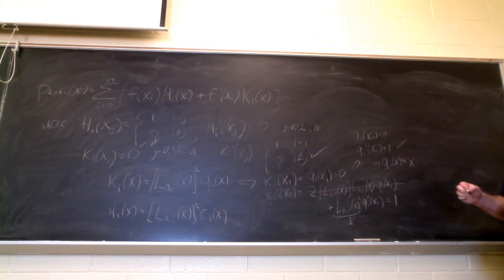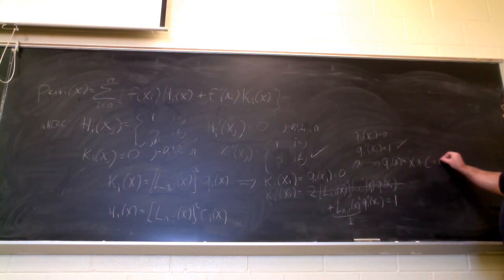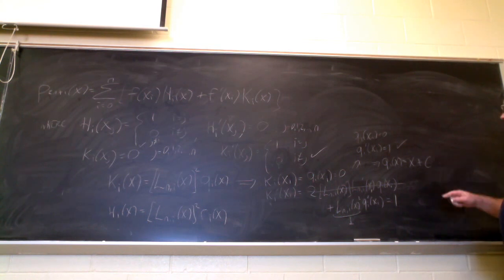How can I make sure that the one and only root of this linear function is x_i? Plug in x equal to x_i and make sure you get 0.